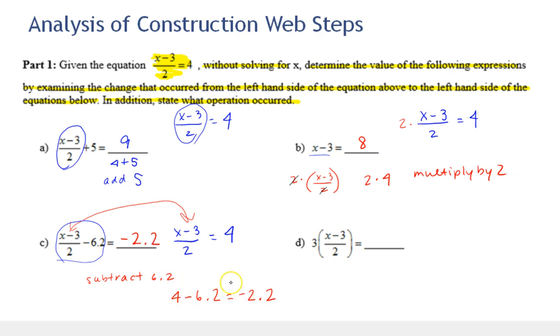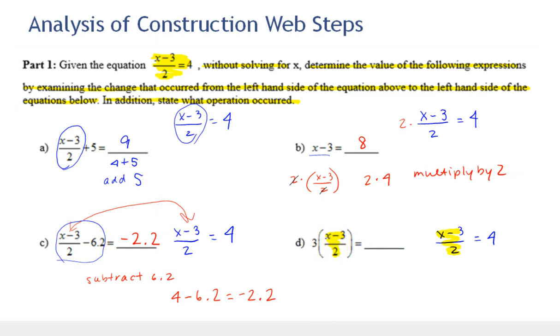Again, do this by hand. If you're having trouble with this, check it on your calculator. So make sure that you're constantly reviewing these basic skills. And now looking at the last one. Here's our x minus 3 over 2 equals 4. So here we have the x minus 3 over 2 from the original, but this left-hand side took that expression and multiplied by 3.